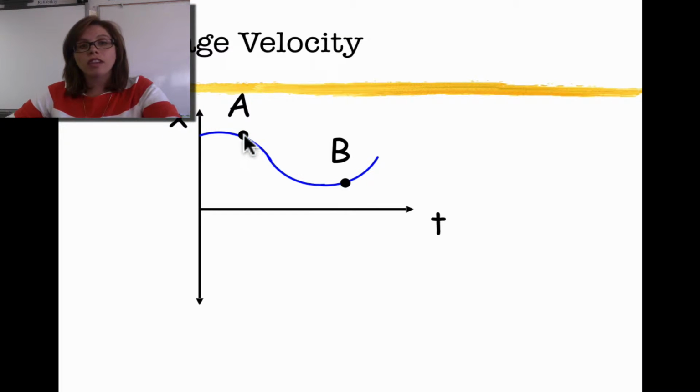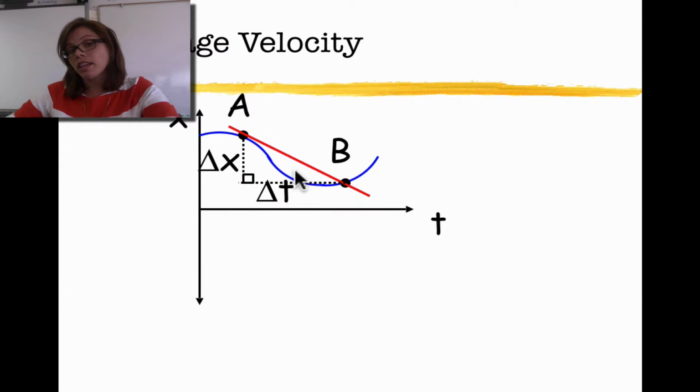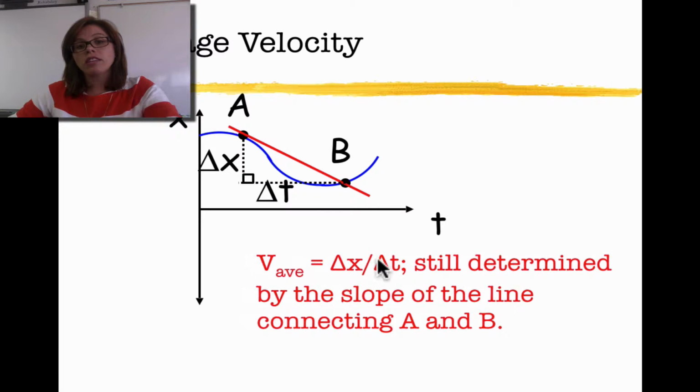But to find the average velocity on a position time graph, the easy thing and the only thing you have to do is draw a line connecting the 2 points of interest and find the slope of that line. And the slope of that line is going to give us our average velocity. So average velocity is change in x over change in time. Doesn't matter what the graph is doing between A and B. It just matters the slope of the line that's connecting points A and B.